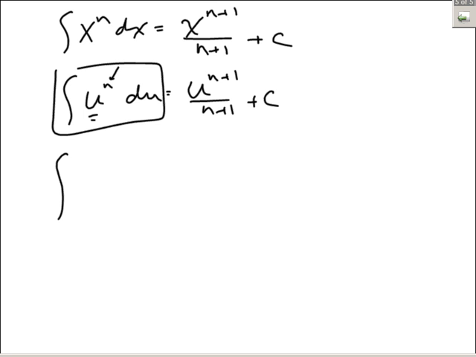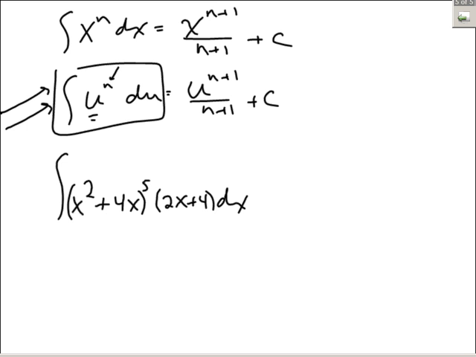Notice that u is being raised to a power. Okay. So if you have the integral of x squared plus 4x to the 5th power times 2x plus 4 dx, we would like to write this in the form u to the n du.